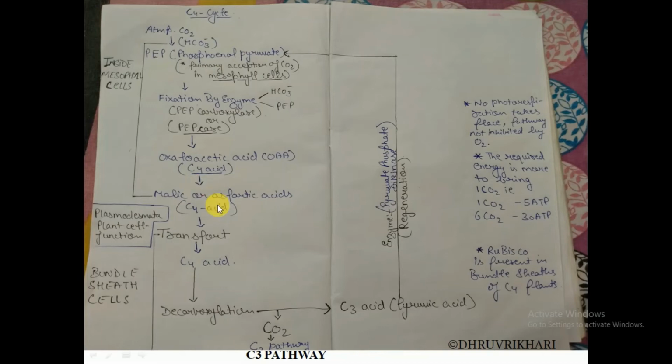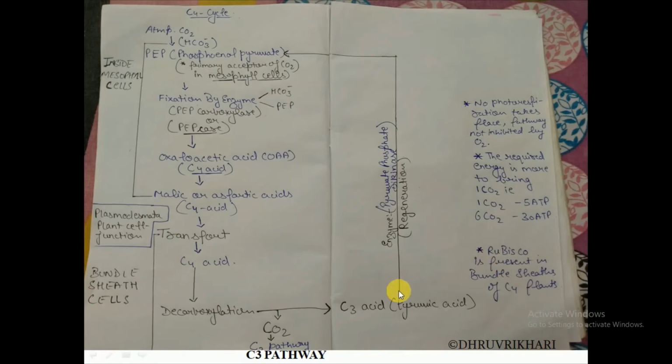One more thing I would like to add here is that the Rubisco enzyme is present in the bundle sheath cell, which is an exception, and this CO2 helps in the formation of starch or glucose.